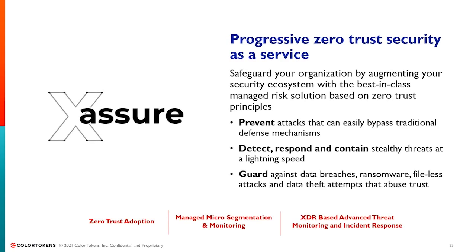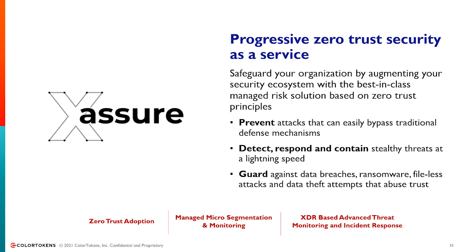Moving on to X-Assure. X-Assure is a ColorToken product where we can provide progressive zero trust security as a service. By having all these X-Shield, X-Access, X-Protect products, we can have the X-Assure product to give security as a service, especially for a SOC, security operations center, kind of environment.